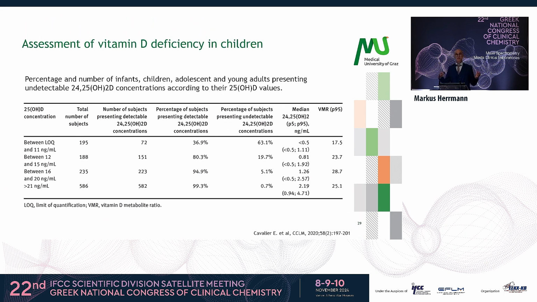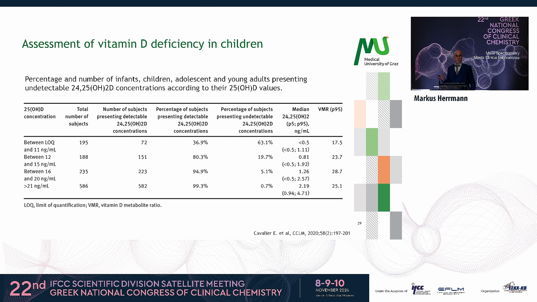Now, admittedly, such enzyme defects are rare. However, this study by Cavalier and colleagues produced first evidence that supports the utility of vitamin D metabolite measurement also in the general population.